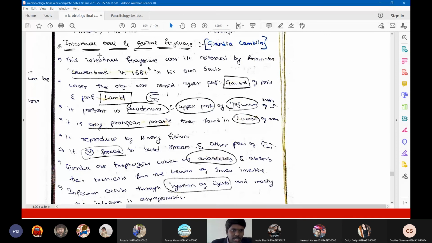Then what we discussed: intestinal and oral genital flagellates. Giardia lamblia is an intestinal flagellate, first discovered by Anton van Leeuwenhoek in 1681 in his own stools. Later there was a professor called Giard, and Giard said that Giardia lamblia is responsible for steatorrhea and some intestinal infection.